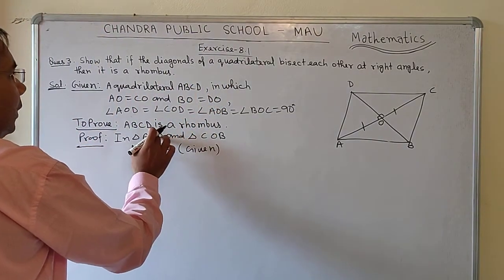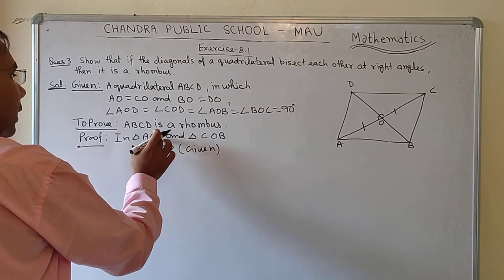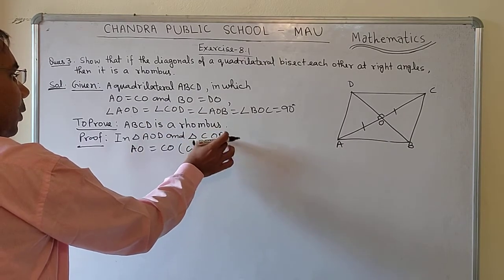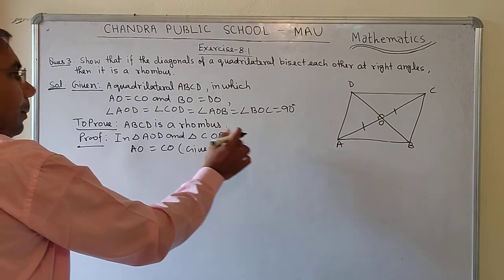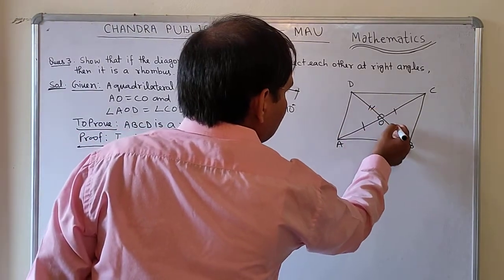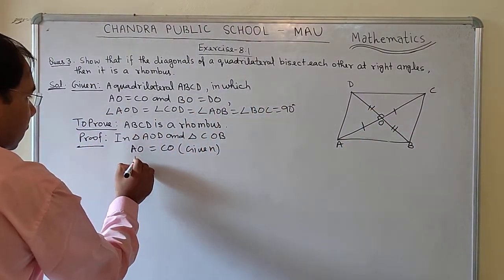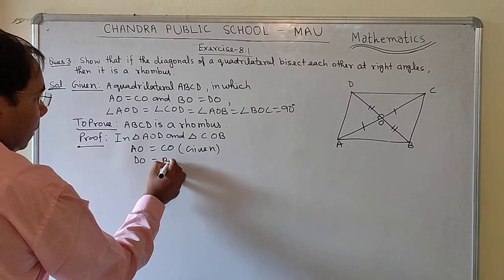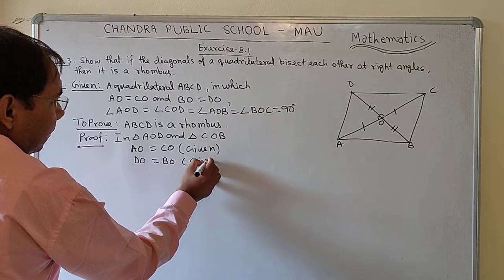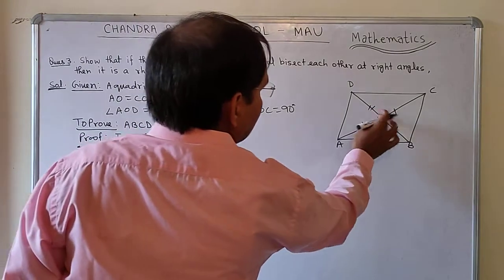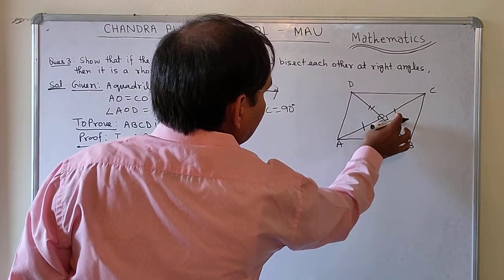BO equal to DO. It is also given that DO equal to BO. Here you can find BO and here you can find DO. So BO equal to DO, that is given. And now these two are vertically opposite angles, so both will be equal.